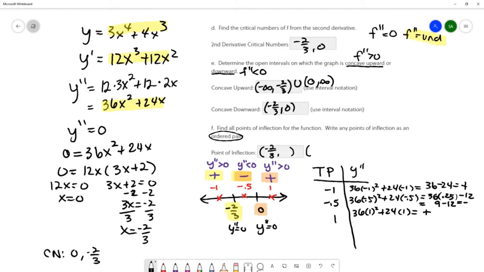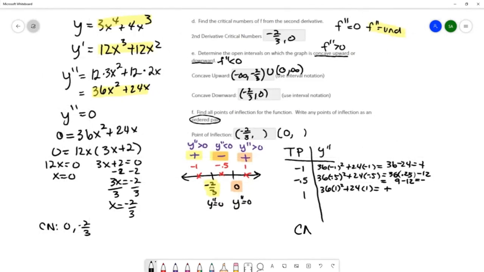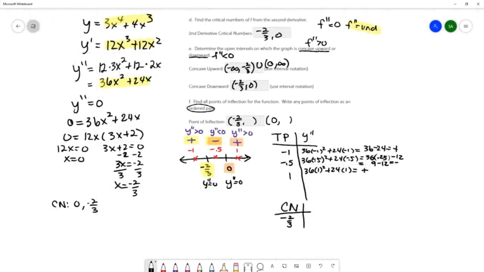And the other point of inflection will start with the critical number of 0, and we'll need to find the y-coordinate from the original function. So we're going to take those critical numbers of negative 2/3 and 0, and we're going to substitute them into the original equation.